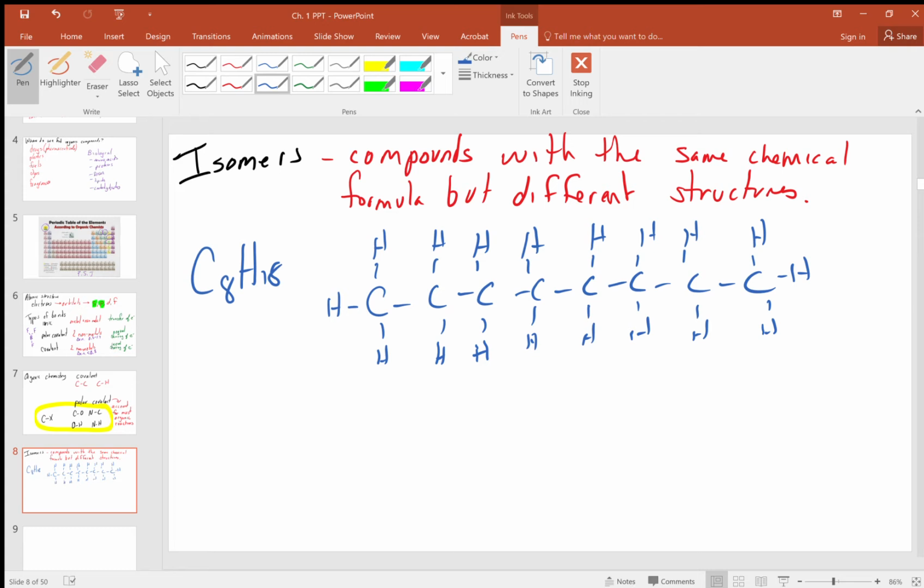Now, octane is something that we might be familiar with. Where have we heard of octane before? We often hear that term when we buy gas for our car. Anyone know the octane rating of pure octane?